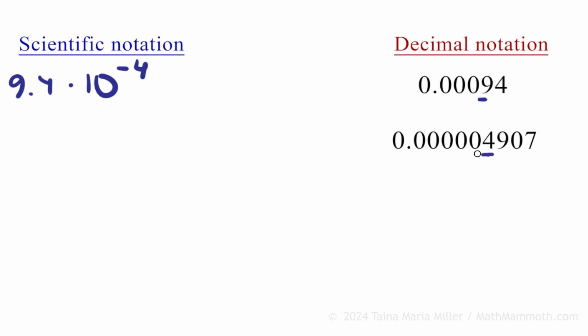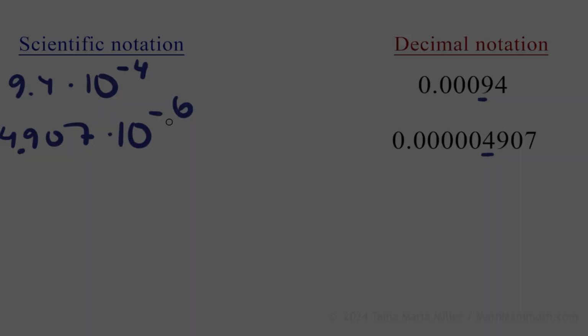So 4 is in the millionths place. That means the exponent will be negative 6. And we will take all those digits, put the decimal point here, because this multiplier, this coefficient, has to be between 1 and 10, just like with the large numbers. And then times 10 to the power of negative 6.